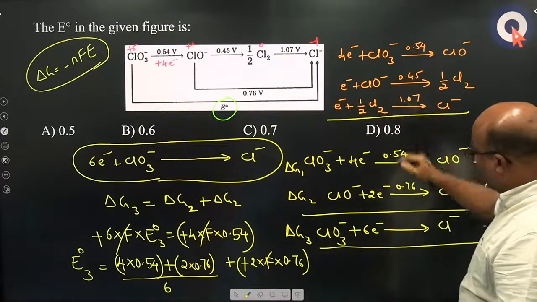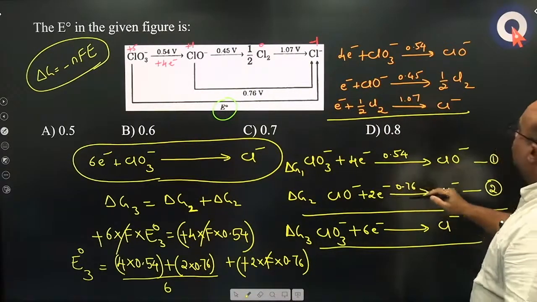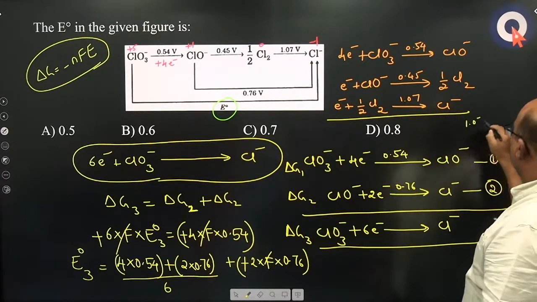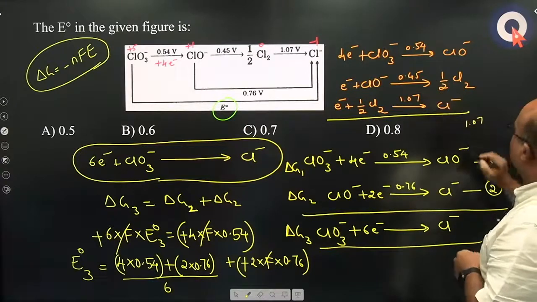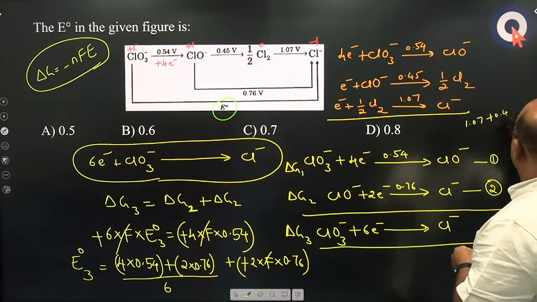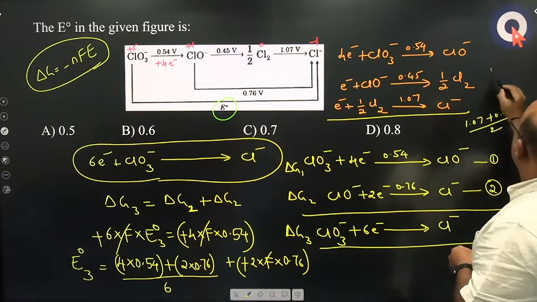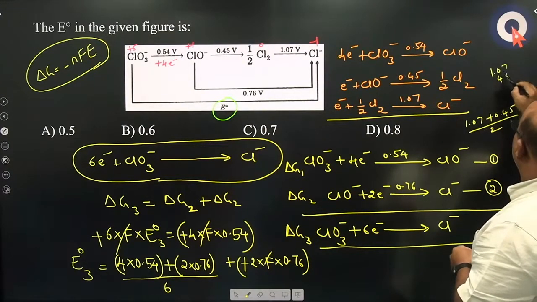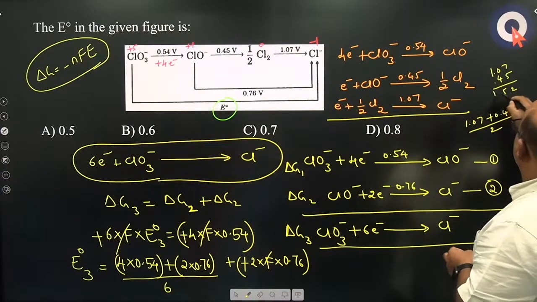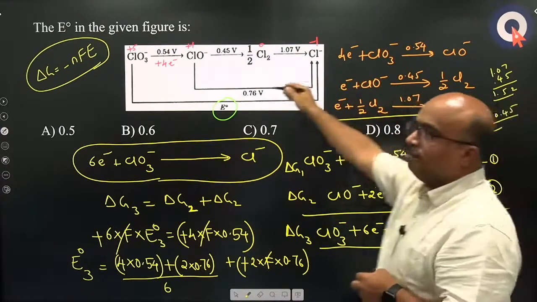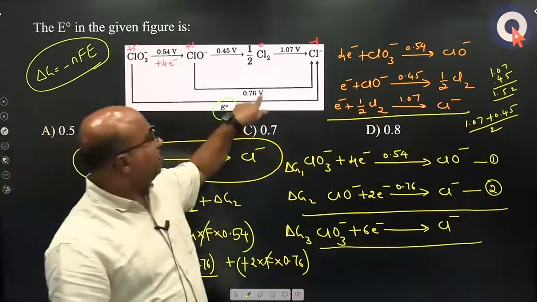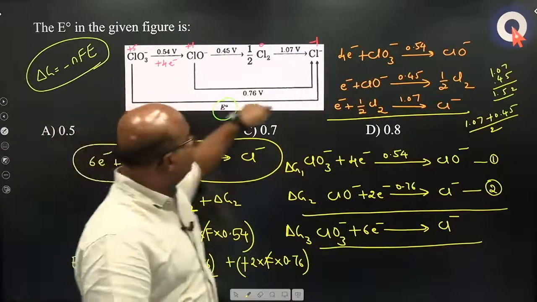When you add these two, you will get this, because half Cl2 cancels. So it is 1.07, 1 electron there, 1 electron here, so plus 0.45 by 2. So it is nothing but 1.07 plus 0.45 by 2, that gives again 0.76. That is how we got this 0.76. So you have to calculate now for this directly.